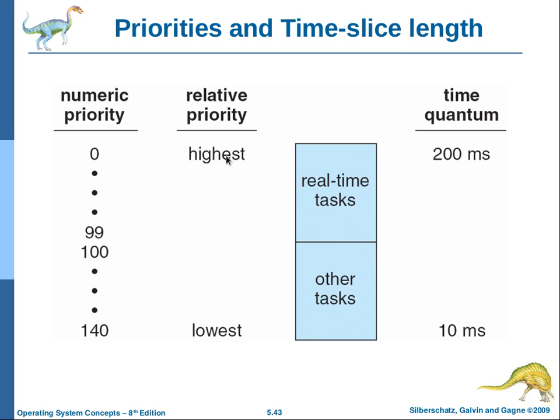So highest priority, 0, gets a time quantum of 200 milliseconds. Its time quantum is actually pretty high if your priority is 0. On the other hand, if you're a very nice process, you have the lowest priority and your time quantum is only 10. So it's a combination of priority and your time quantums with round robin.